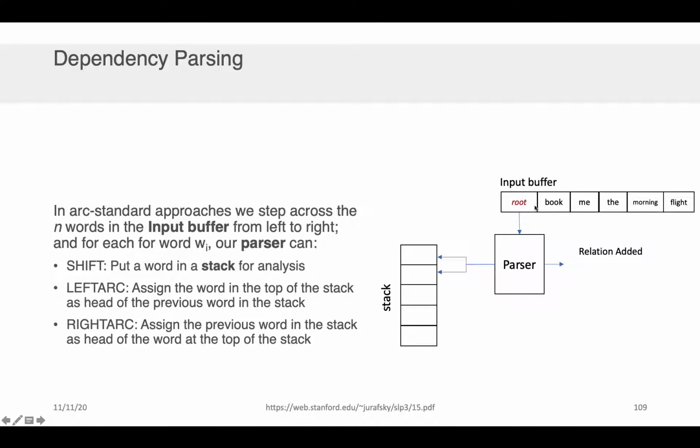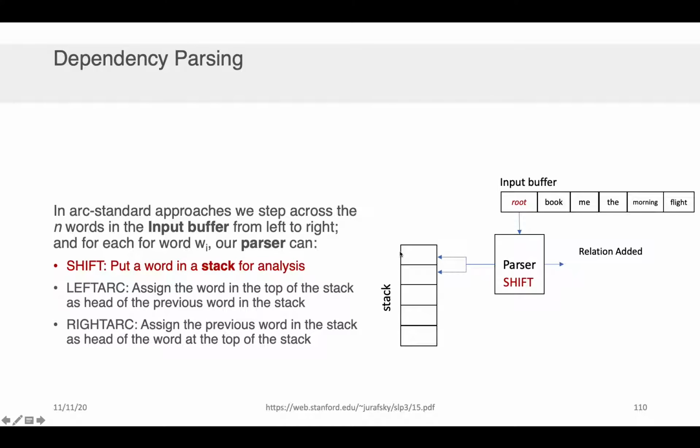And for each word, wi, our parser can do three actions. It can either put a word in a stack over here for analyses. It can assign a word from the top of the stack as the head of the previous word, or it can assign a word from the previous word in the stack as the head of the top word. So basically, it can figure out a way to draw, for these two items in the stack, what's dependent on what.